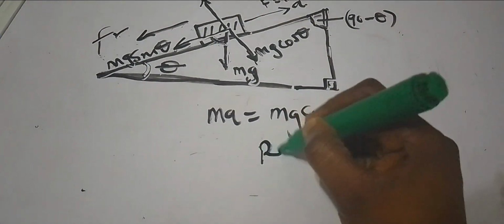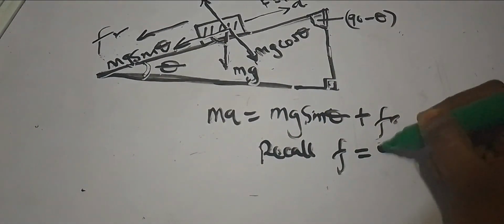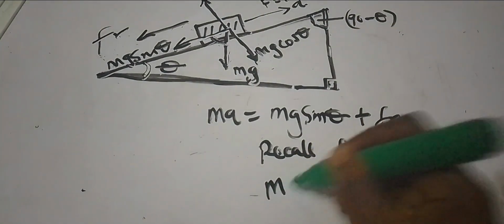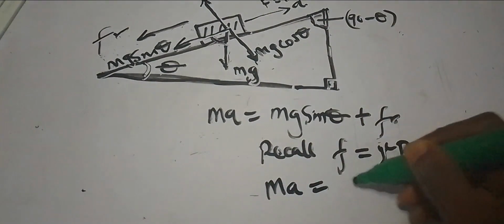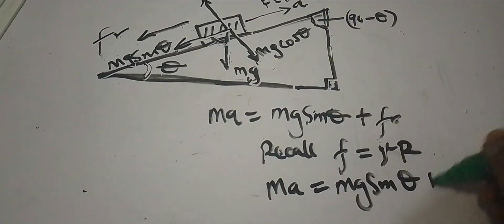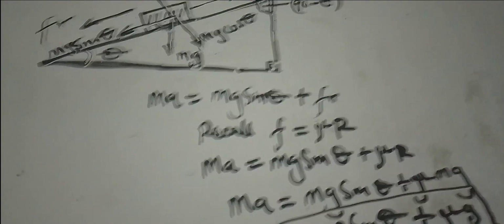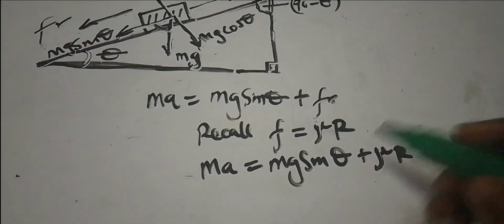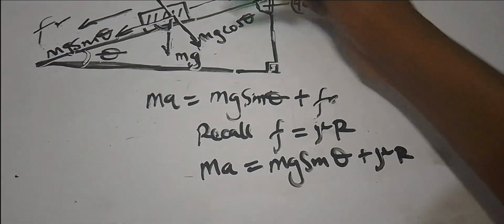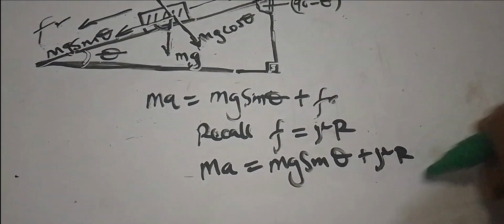Let's recall that the frictional force is mu R. So let's substitute. Then we can say ma equals mg sine theta plus mu R. Let's recall that R is mg cos theta, because for every action there is an equal and opposite reaction. So R in this context is mg cos theta.